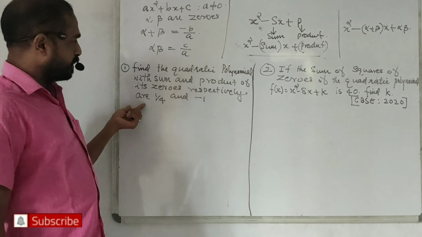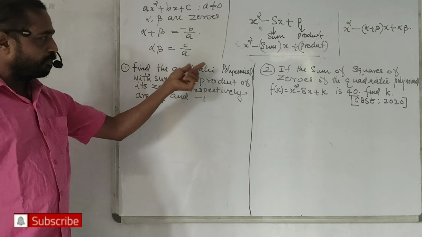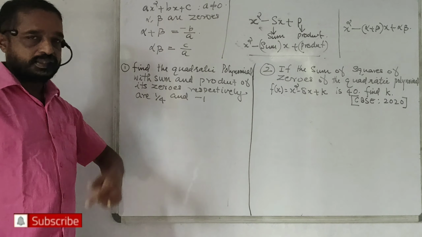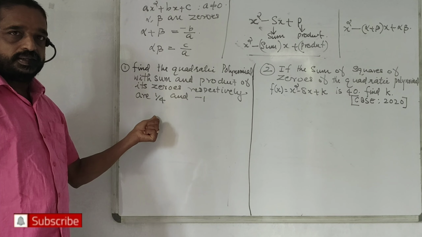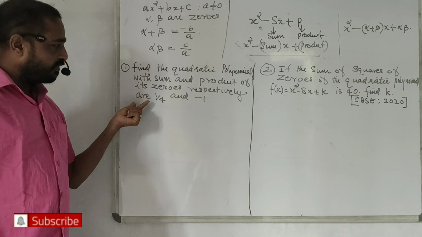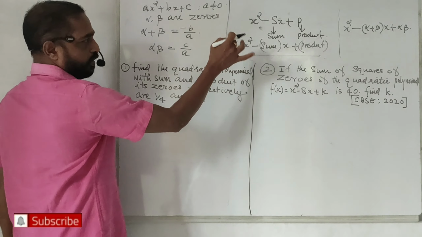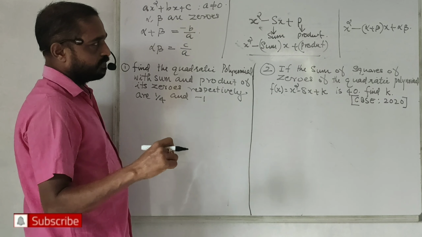The first problem is: find the quadratic polynomial with sum and product of its zeros respectively 1 by 4 and minus 1. Here we are required to form the quadratic polynomial and we are given the sum and product of the zeros. How will you find the quadratic polynomial from the sum and product of the zeros?